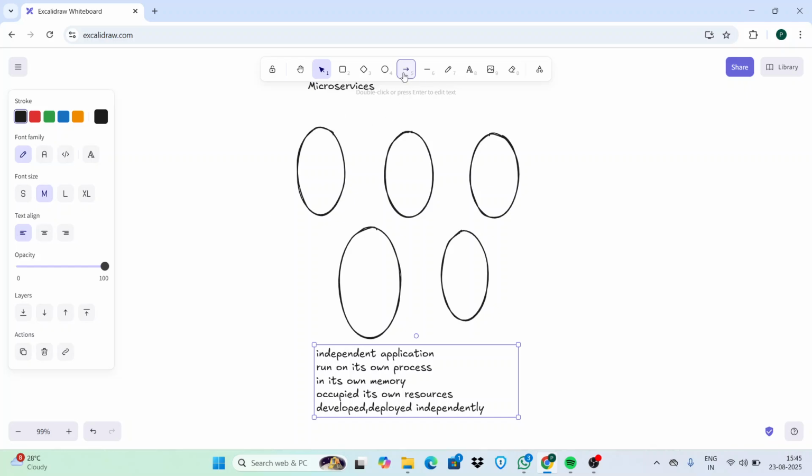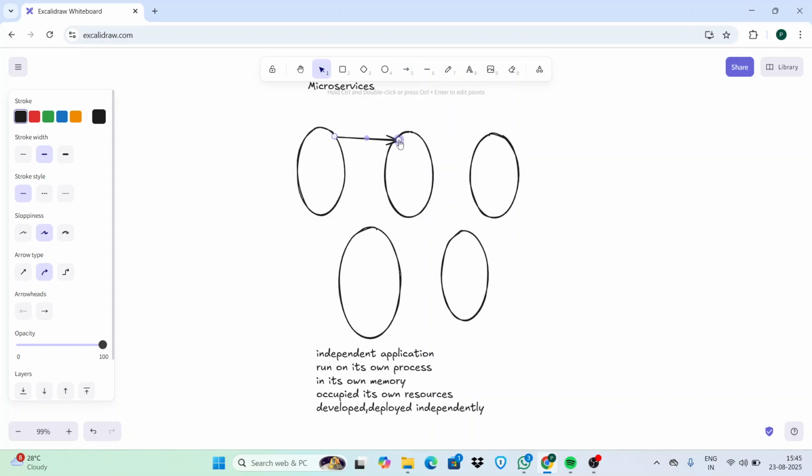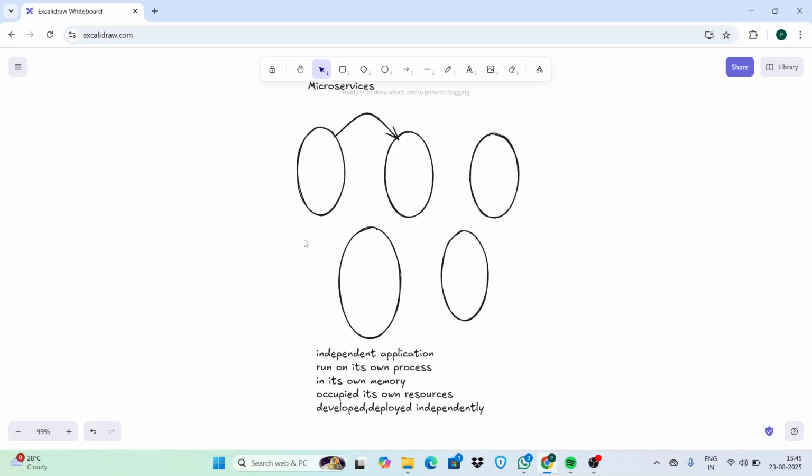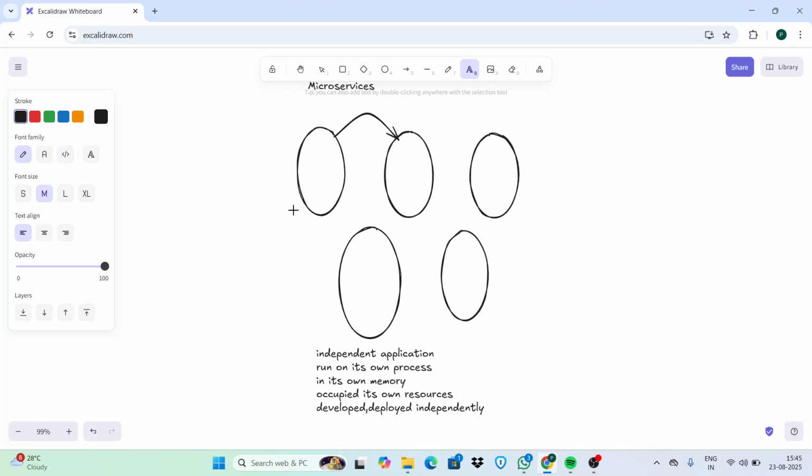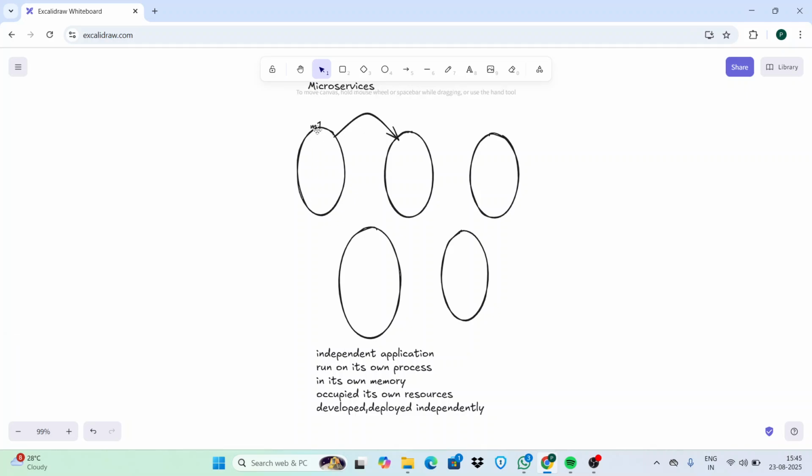These microservices can communicate with each other also. So this is microservice 1, 2, 3, 4, 5. They can be deployed separately. For example, if any bug occurs in this M1 service, the developer has to only look after this M1 microservice.